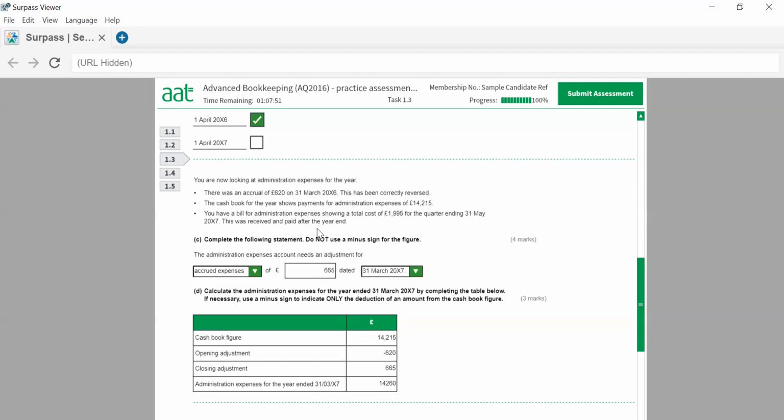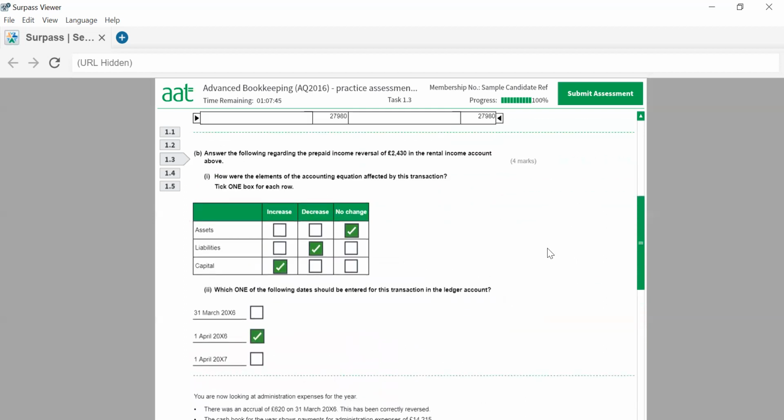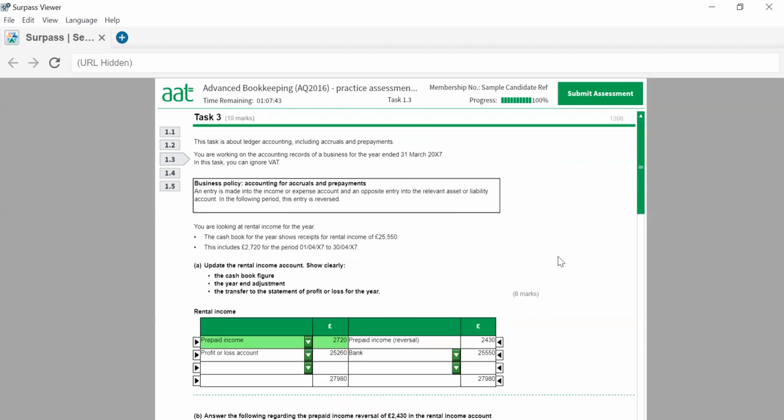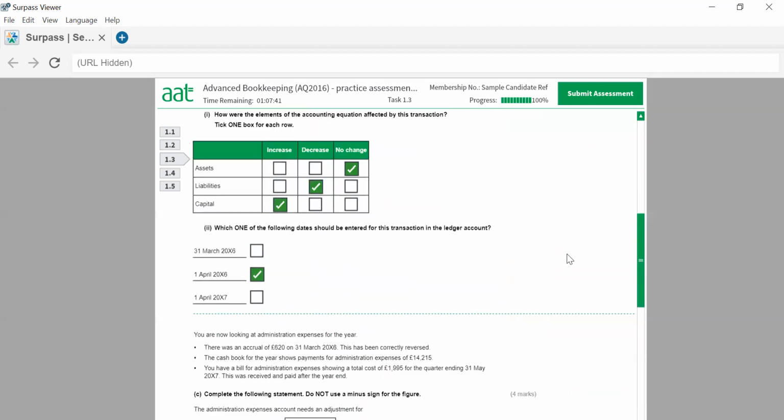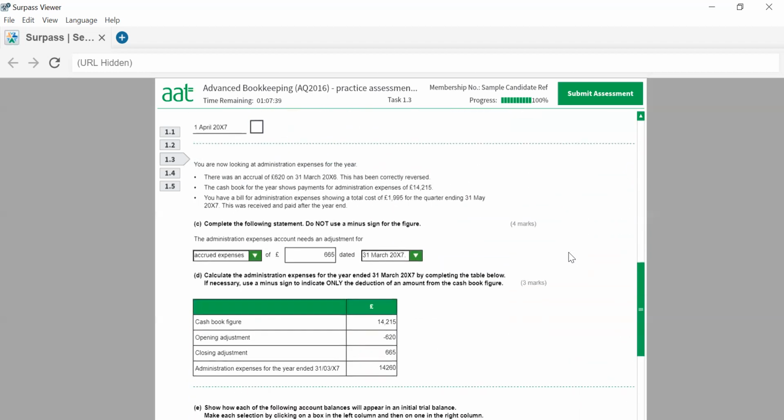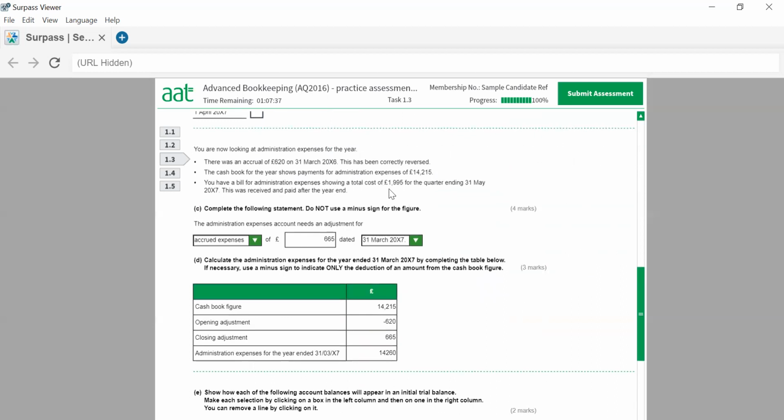This was received and paid after the year end. So again, I tend to get the students to draw the year end line, which is 31st of March. So we basically split this in quarters, so in 3. So divided by 3 is £665 for the month.